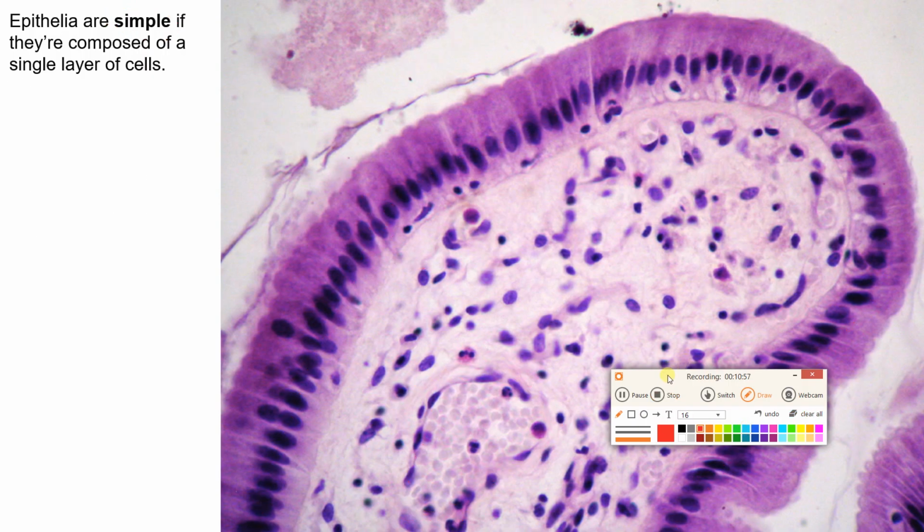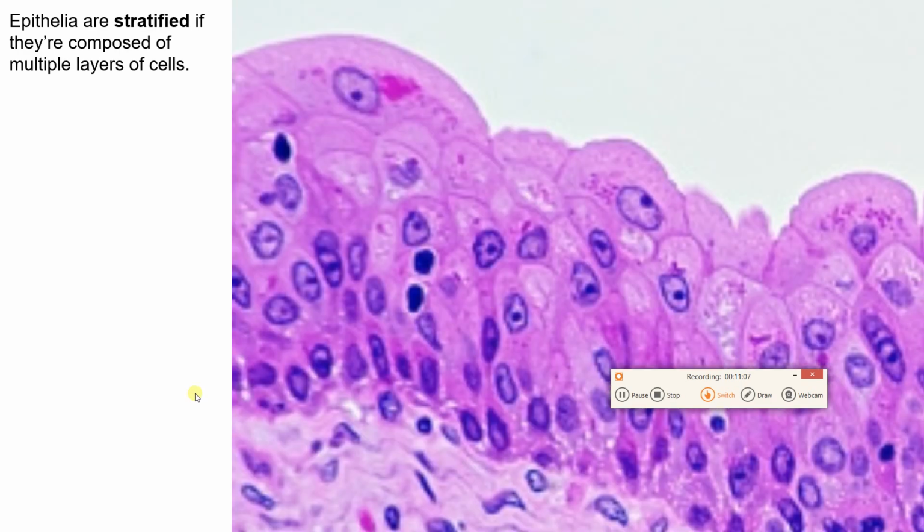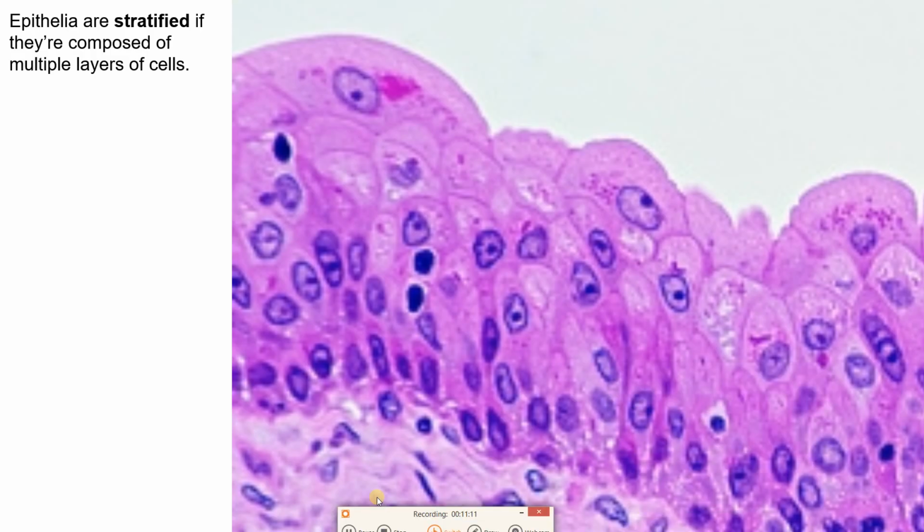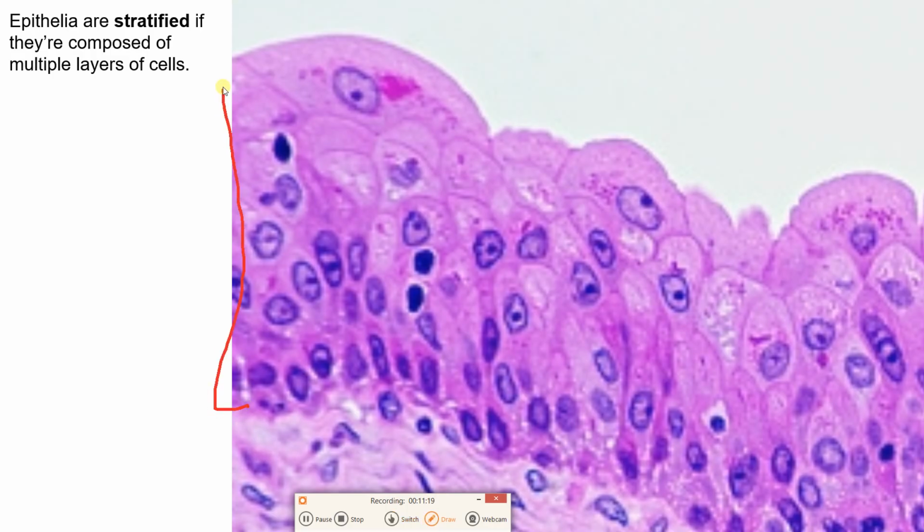So as a simple epithelium, it's not the only possibility, right? Besides a single layer of cells, we can also have multiple layers of cells. So if we look at this picture here, this is my epithelial tissue from here up to here.